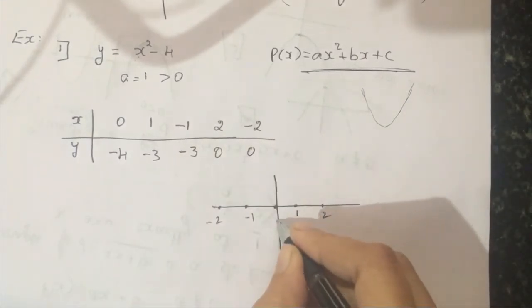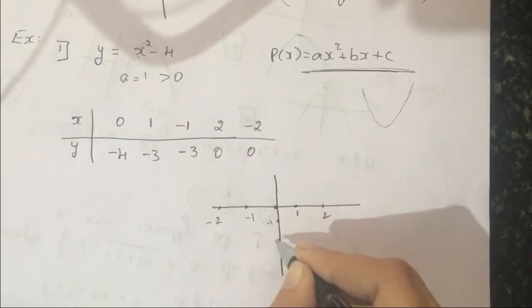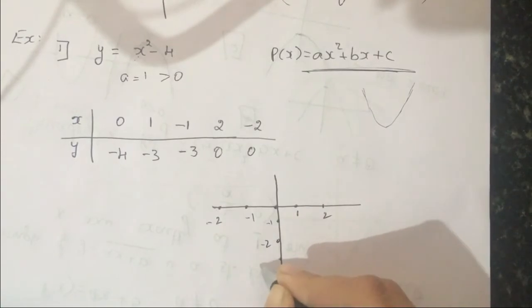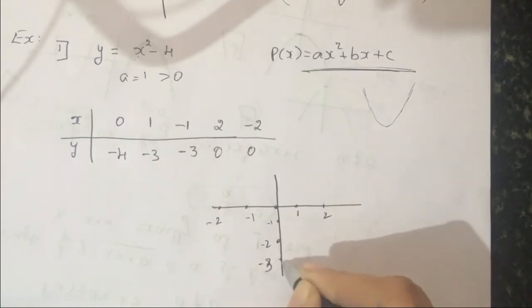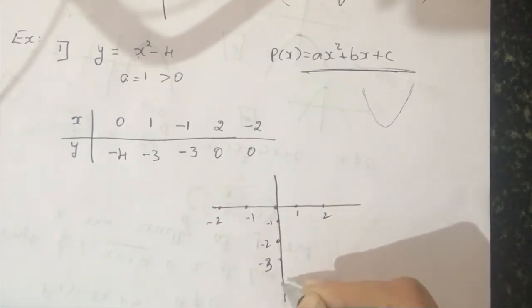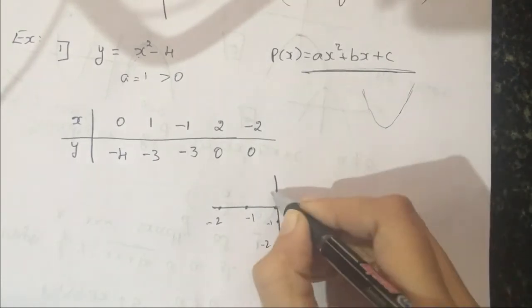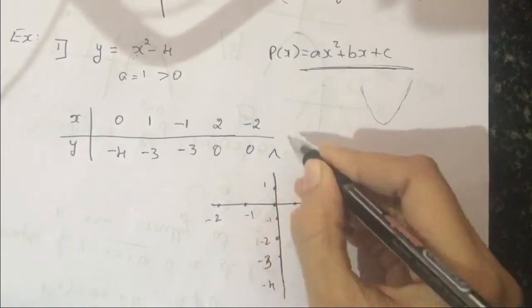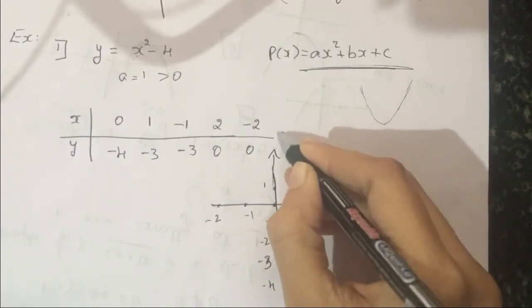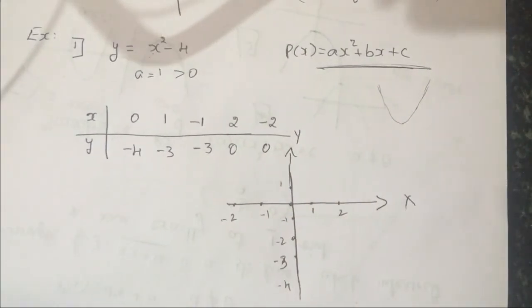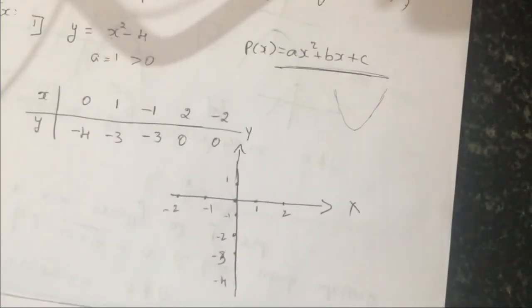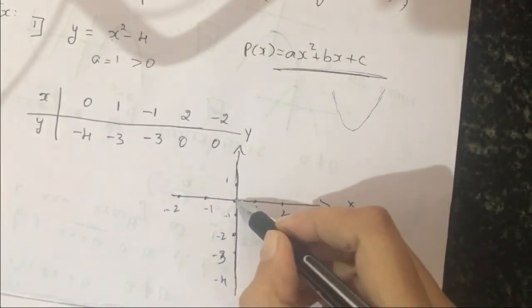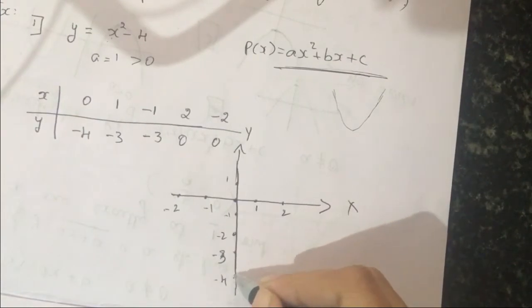Okay, minus 1, minus 2, minus 3, say minus 4. 1, 2, like this. This is the x-axis and this is the y-axis. Okay. Now when x is 0, the value of y is minus 4.